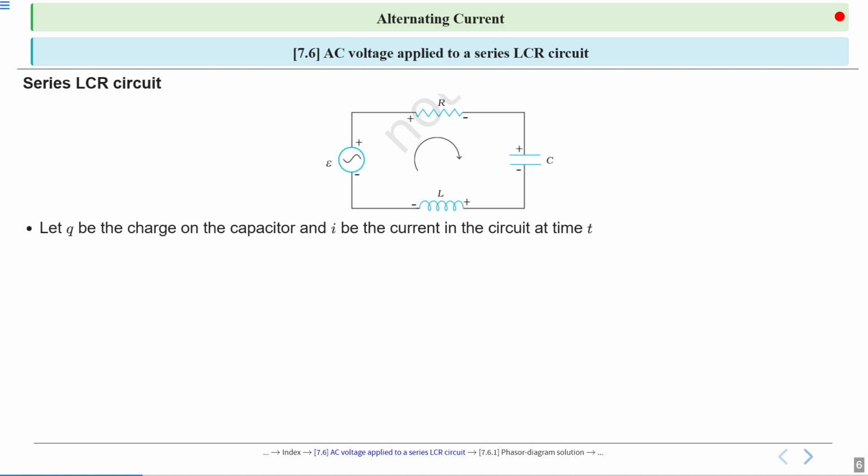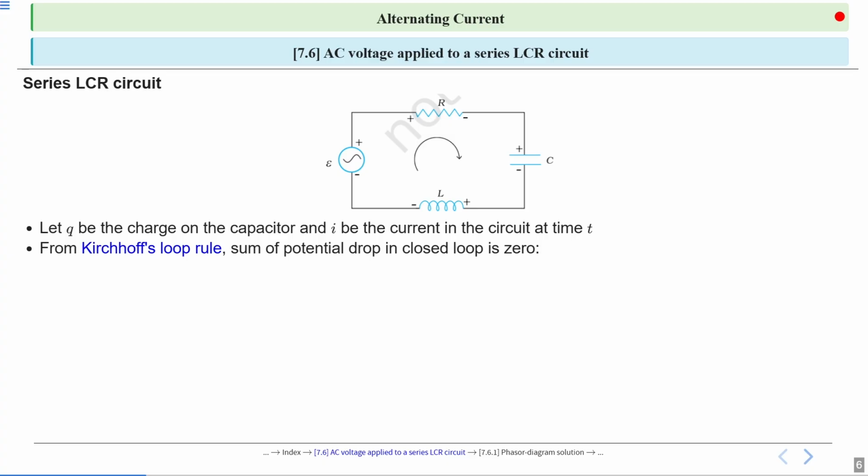So let Q be the charge on the capacitor and I be the current in the circuit at time t. Because the voltage across the capacitor will be represented in the form of charge, and the voltage across both R and L will be represented in the form of current, that's why we have to specify the charge on the capacitor Q.